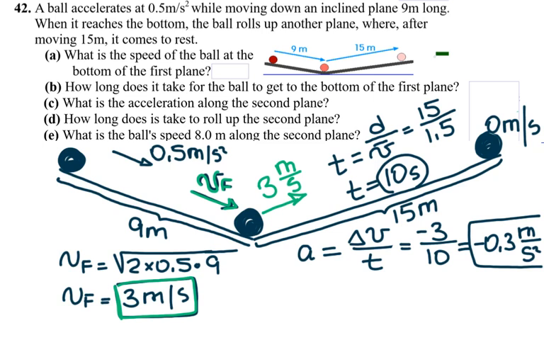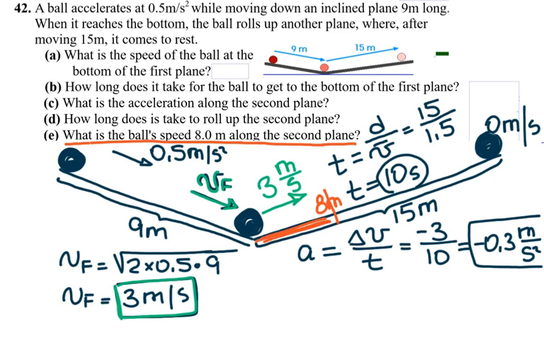Then they ask you how long does it take to roll the second plane. This question, I'm going to make it in red. What is the ball speed 8 meters along the second plane? So maybe somewhere right here is the 8-meter mark, and I am looking for that velocity. I know acceleration and I know the distance, correct?